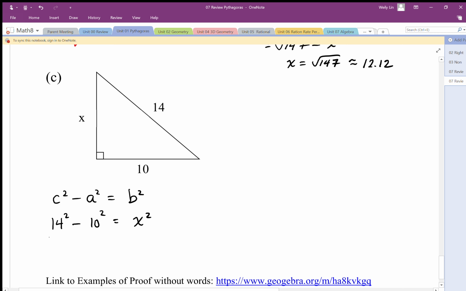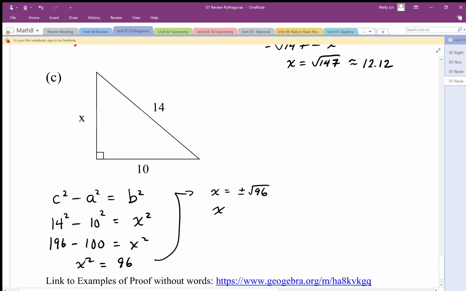So working this out, this is going to be 196 minus 100 equals x squared. So x squared works out to be 96 squares. So if I were to draw the square from this side, it's going to be 96 squares. Solving for x, I get square root 96.